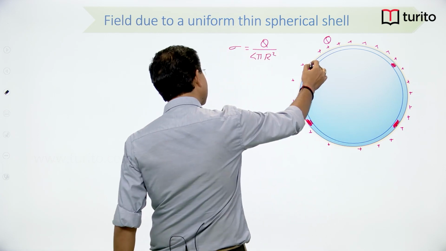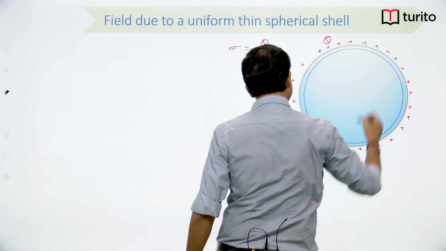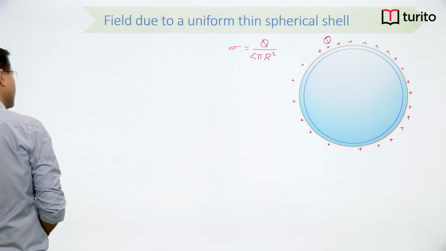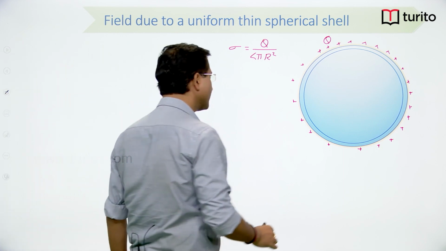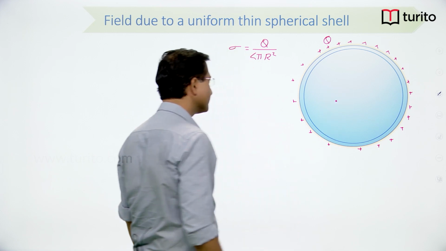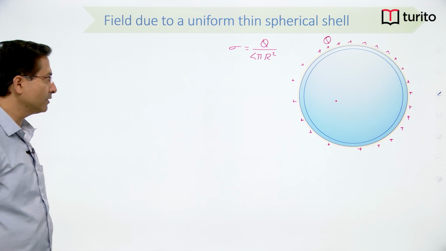So I just want to generalize the result. I want to find out what would be the field at this particular point, right. So I can proceed the same way.